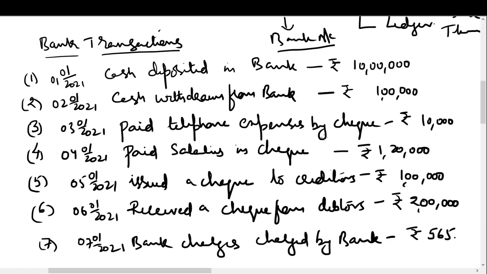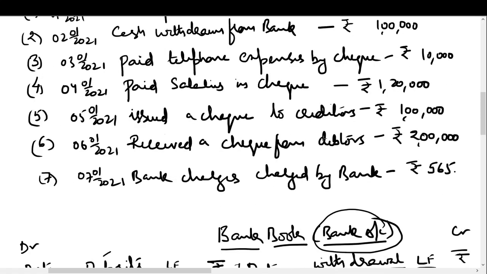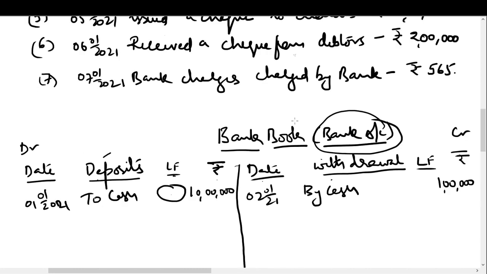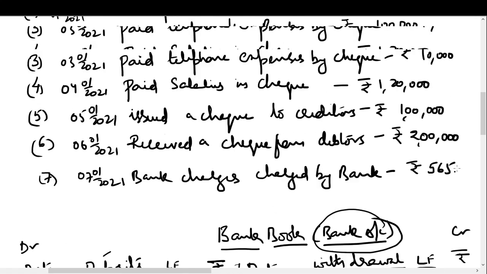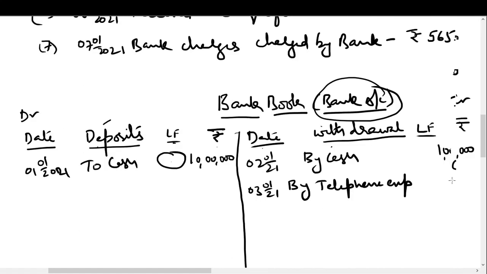Paid telephone expenses by check, 10,000 rupees. Today we have so many digital ways of making payment. So even if you are making the payment through any other digital mode where the bank allows you to make the payment digitally, we have to record it on the withdrawal side, 'by telephone expenses'. Amount is rupees 10,000.